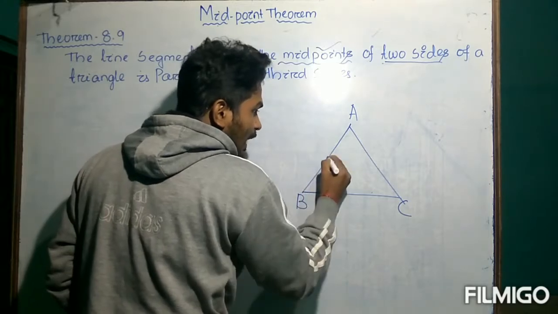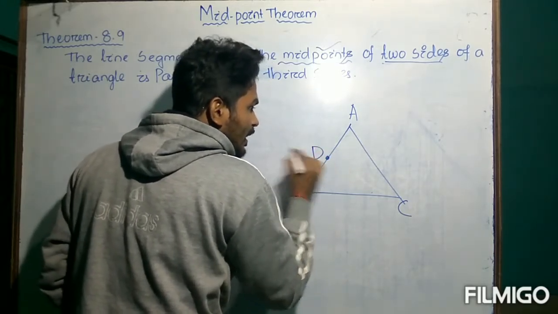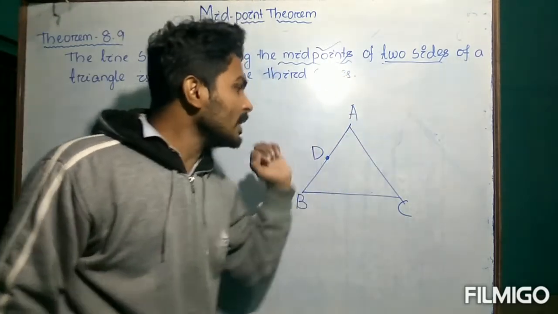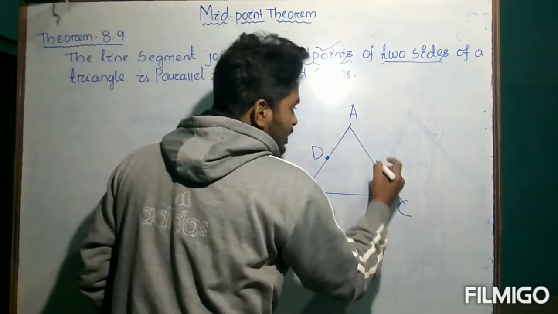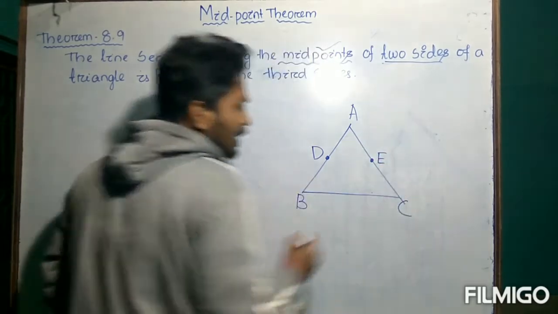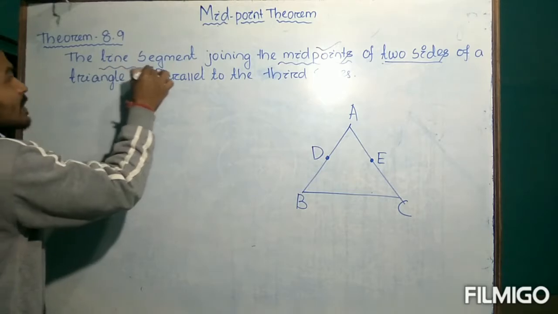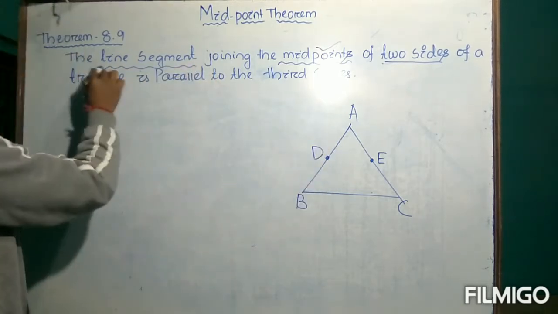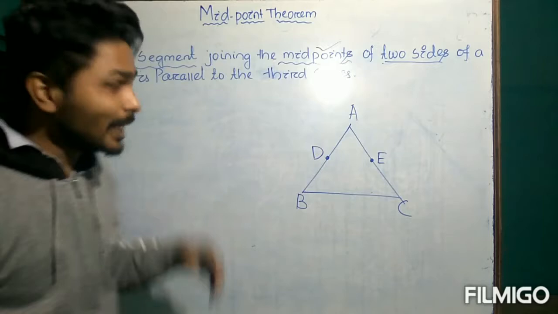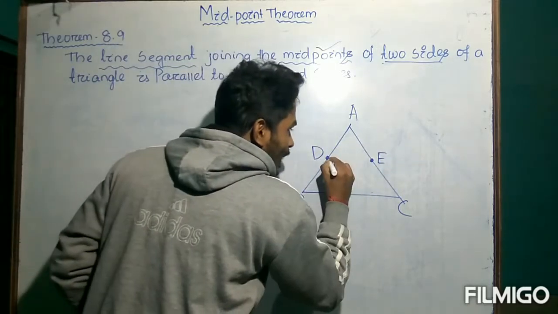Let's say AB is the side and this point D is the midpoint of the side AB. Similarly, we have to find another side's midpoint. Let's say AC is the side and the midpoint is E. Clear? Then we have to join these two midpoints because we need a line segment which joins the midpoints.